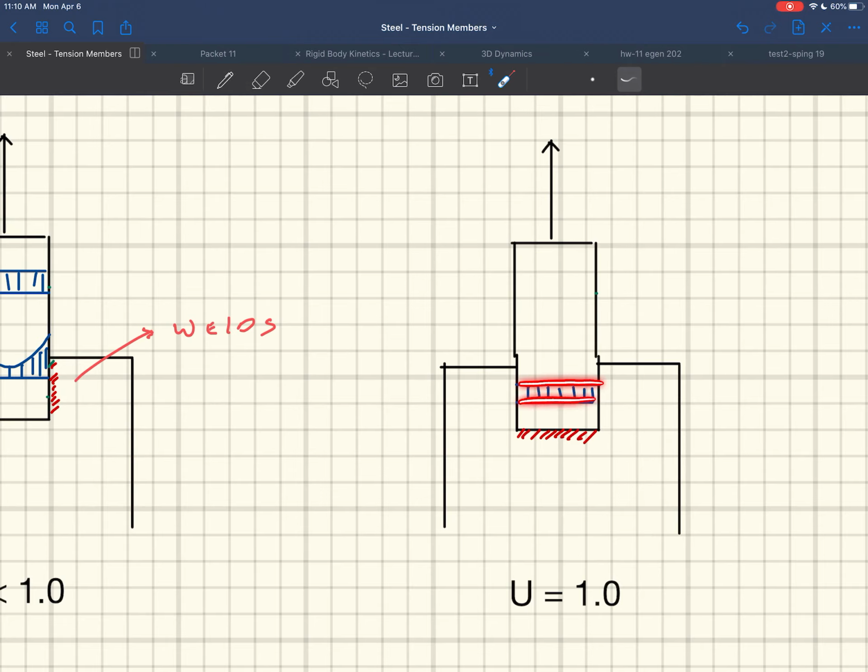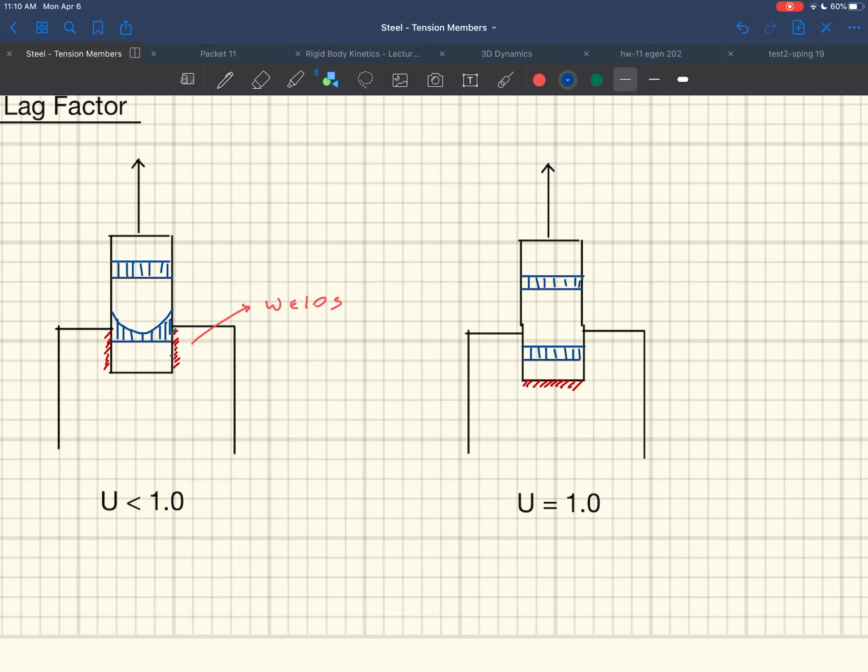Right off the get-go my stresses are uniformly distributed, and as I move out here, they also are uniformly distributed. And so in that case, my shear lag factor is, I'm sorry, not 0, it's equal to 1. My shear lag factor is equal to 1 in a case where I've uniformly distributed those loads, or I'm holding it in a way that's not eccentric.